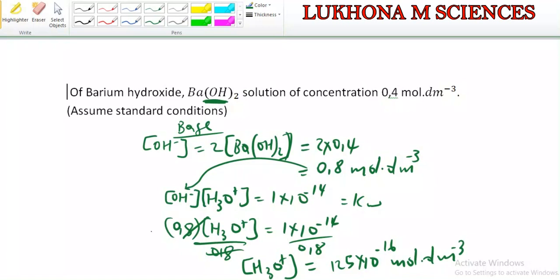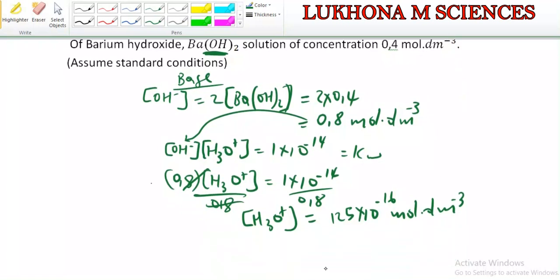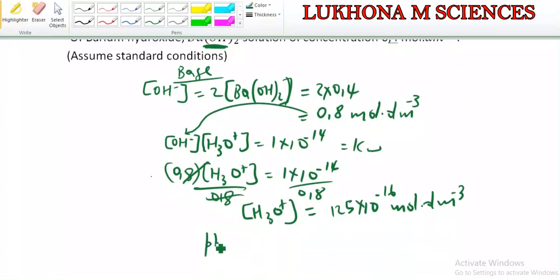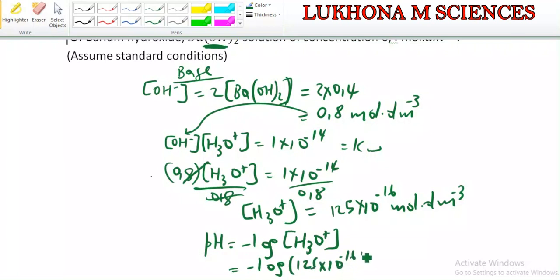Then we calculate the pH. pH is equal to minus log concentration of H3O plus. Let's substitute 125 times 10 to the power negative 16.